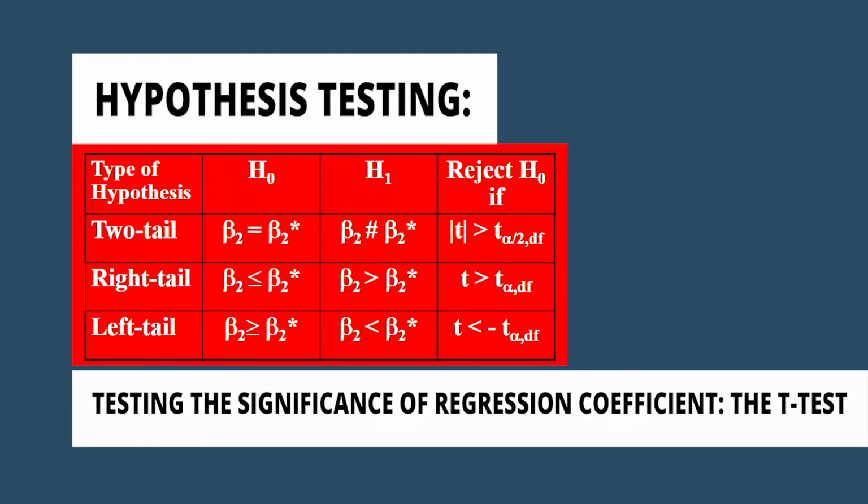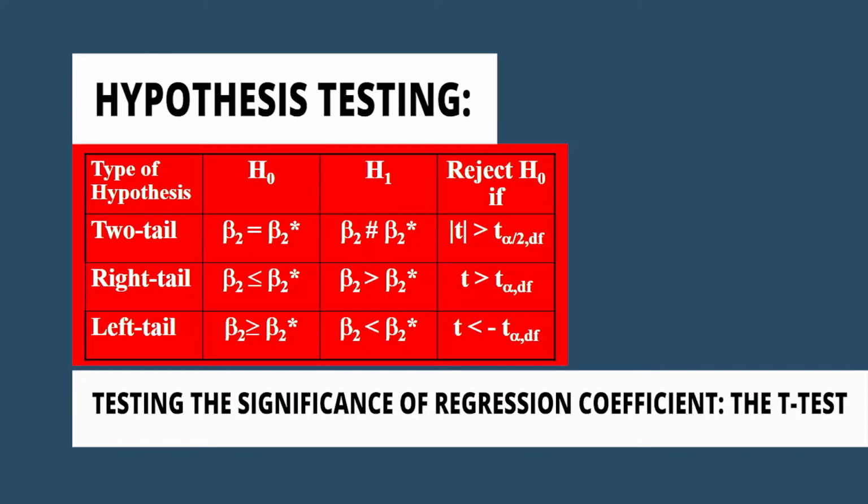For the t distribution, we always say that beta 2 is equal to beta 2 star, which means that the population parameter beta 2 will be equal to the sample statistic beta 2 star, which is estimated from the sample, against H1, which is not equal to it, which means that we are inviting two cases, greater than or less than, and depending on that, the decision rule is mentioned.